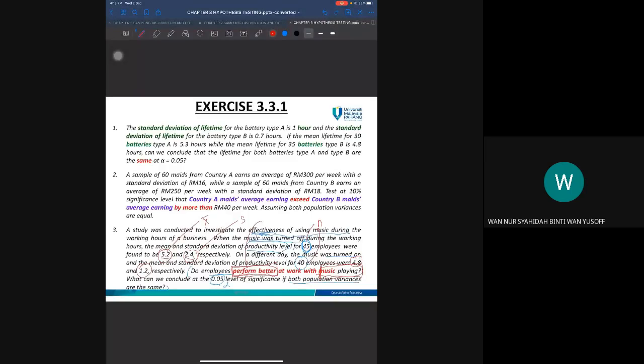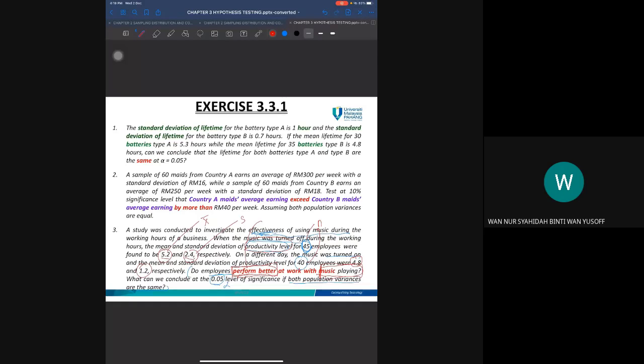Because the variable we have is the productivity level, if the employees perform better, the productivity level should be increased. That's why we have greater than. If we change the productivity level here, we might get less than.